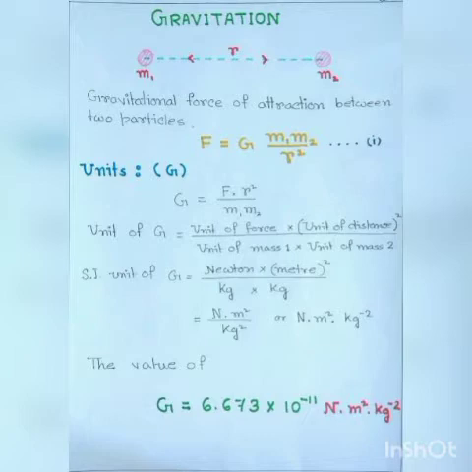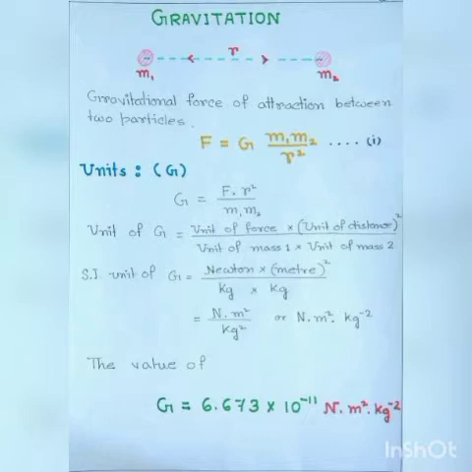From the above equation we can write G is equal to F into r square by m1 into m2. So the unit of G is equal to the unit of force into the square of the unit of distance by the unit of mass 1 into the unit of mass 2.